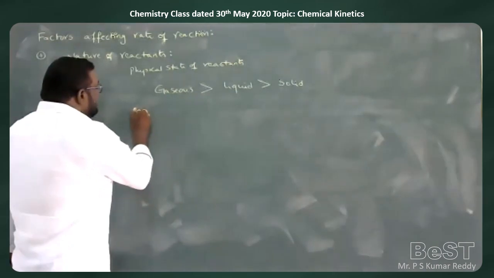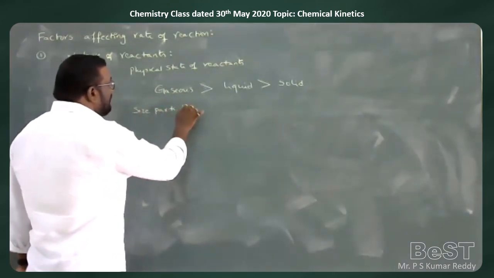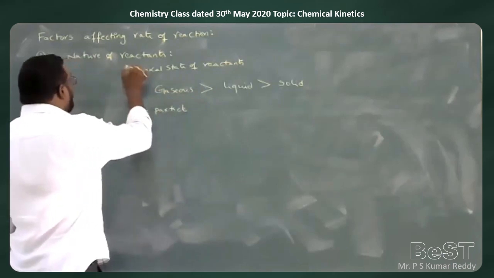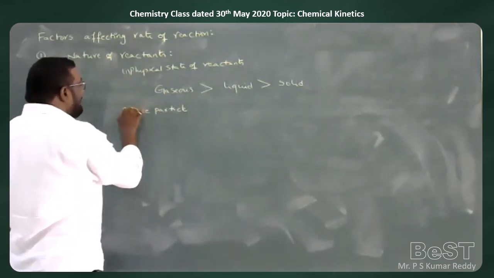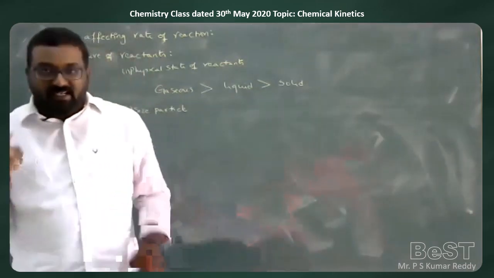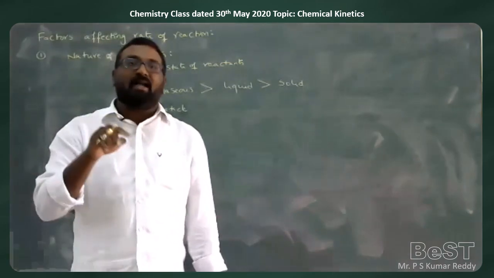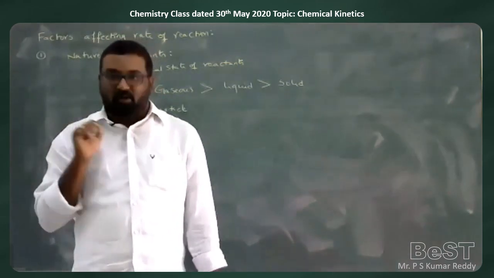Now size of the particle also plays an important role when the reactants are in solid state. If the reactants are in solid state, then size of the particle plays a major role.